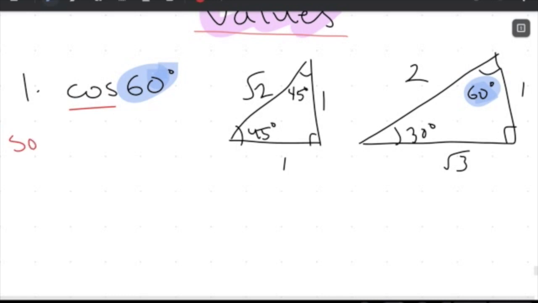Now, from SOHCAHTOA, our cos links the adjacent and the hypotenuse together. So we want to first label our triangle. We have the adjacent, the hypotenuse, and the opposite. And we just want to identify what the ratio will be.